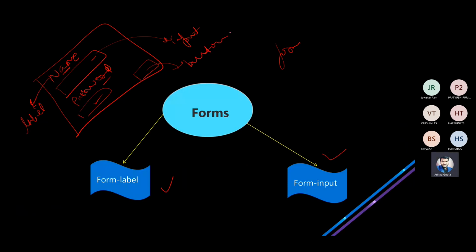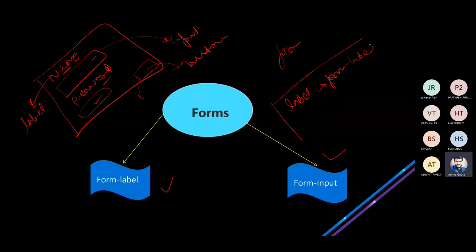Now you know how to create a button, right? Now we'll create this with danger, that is red in color. Fine. One trick: whenever I say create a label, its class is always form-label.